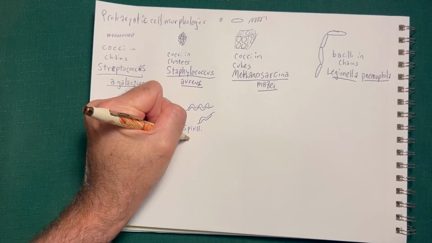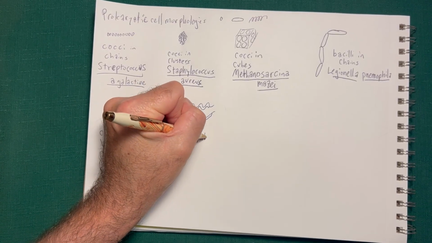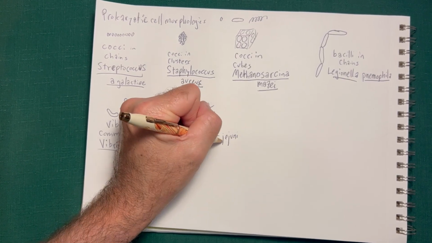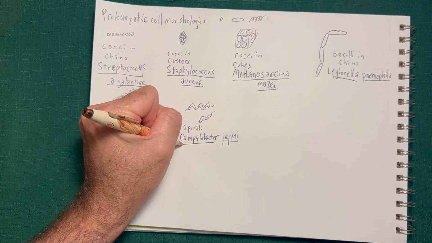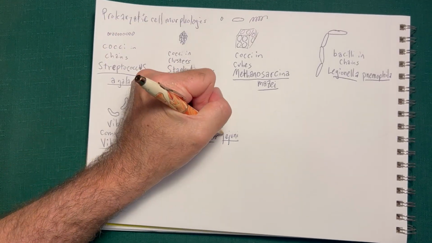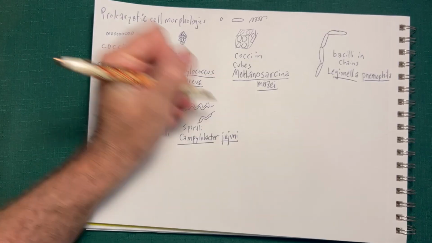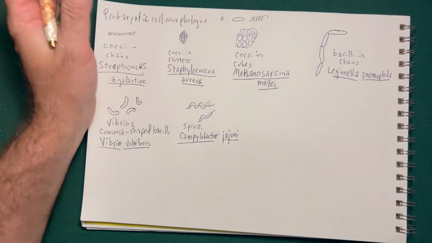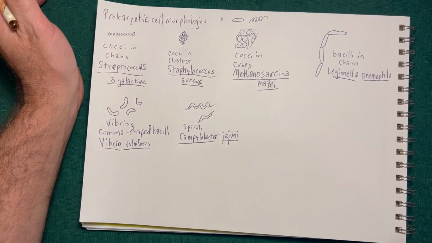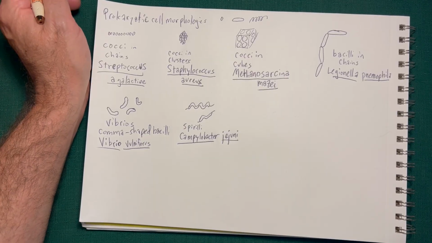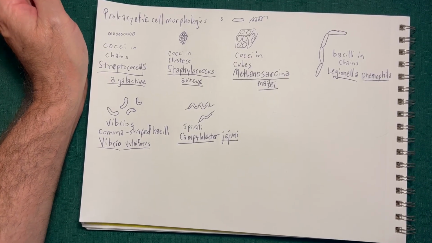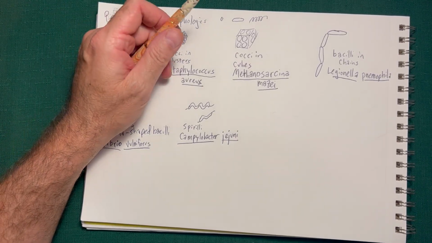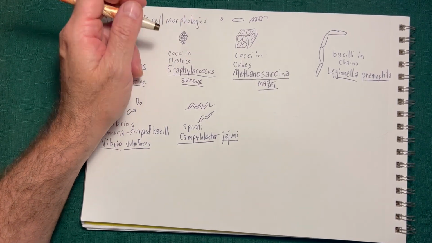For example, like we see in Campylobacter jejuni, first isolated from the jejunum, which is part of the intestinal tract, first part. And this is an important pathogenic bacterium, often found with raw and undercooked meat. It's also been found in unpasteurized milk, and there's been increased incidence of Campylobacter infections from that particular source, unpasteurized milk.